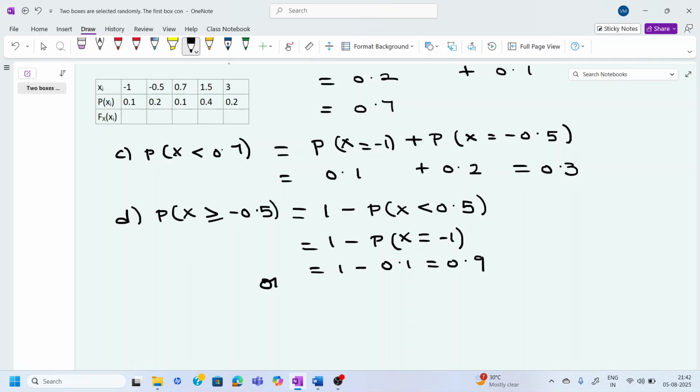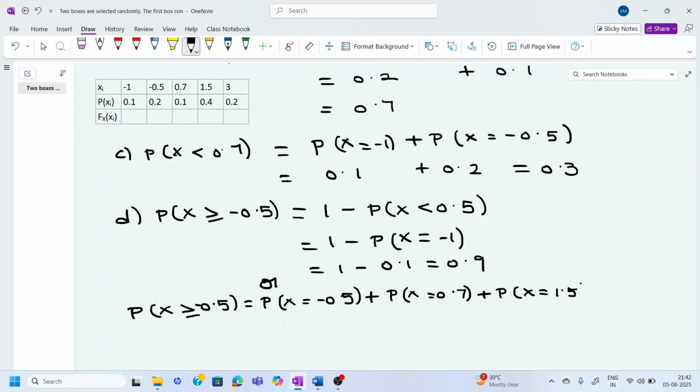Or the other way is probability of x greater than or equal to minus 0.5. We can write it as probability of x taking minus 0.5 plus probability of x taking 0.7 plus probability of x taking 1.5 plus probability of x taking 3.